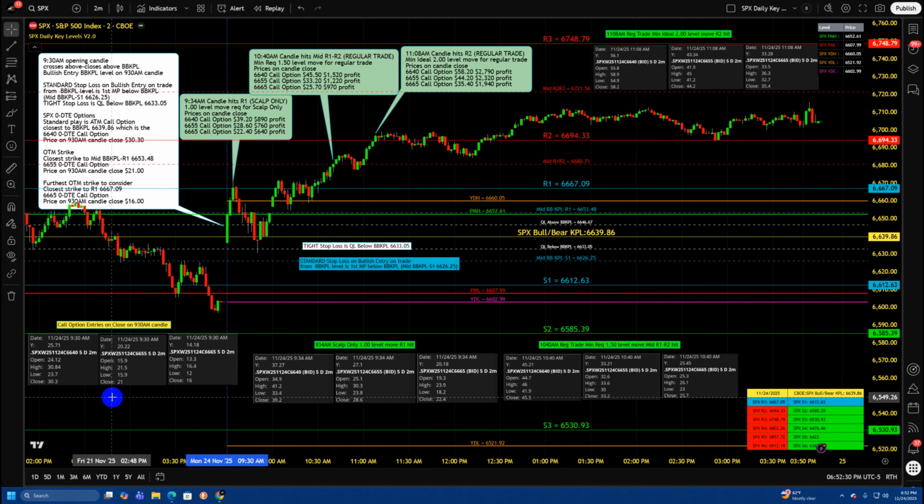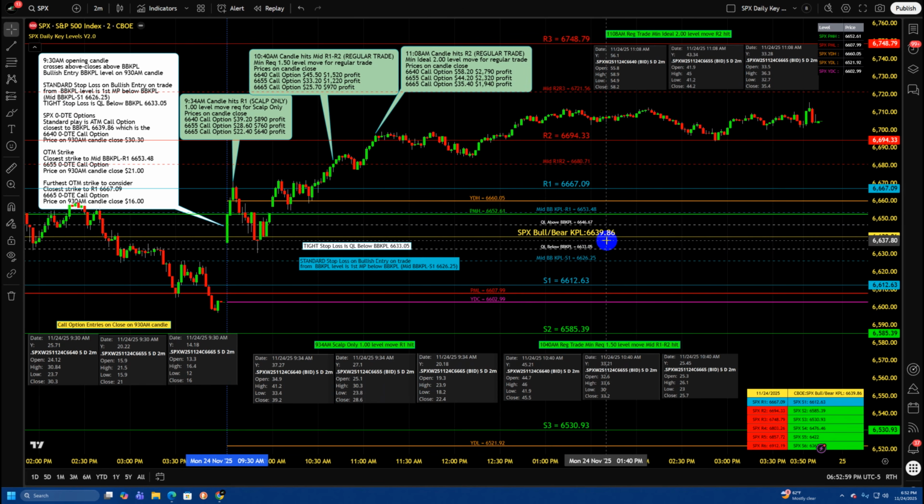We also have the data boxes here from Thinkorswim for the different trades. Here are the call option entries on the 9:30 a.m. candle. There are three different strikes that you can use on any given bullish or bearish trade from any of the main levels with this indicator. The at the money call option closest to the bull bear key price level is your standard option play with this particular strategy.